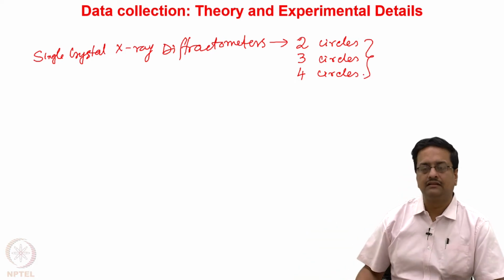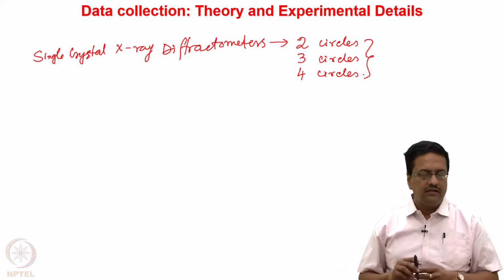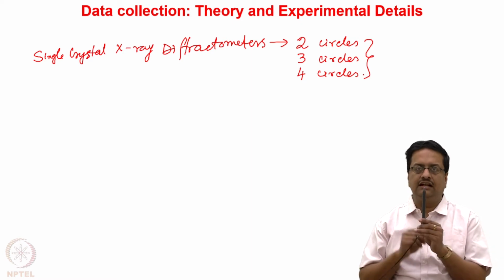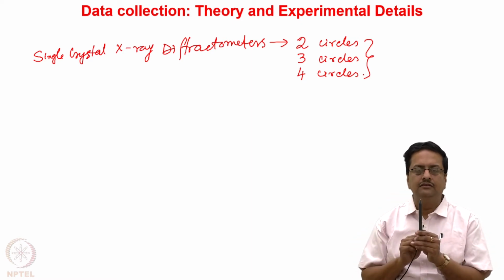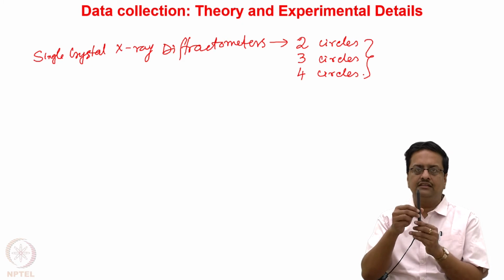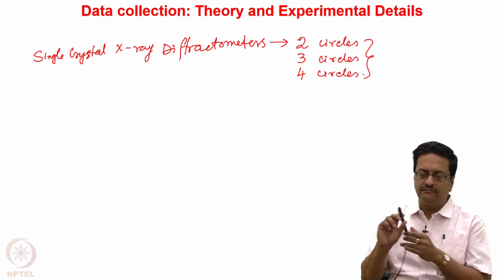What do we mean by that? If we have mounted the crystal at the tip of this pen, and we are rotating the crystal about its axis, this axis is called phi.